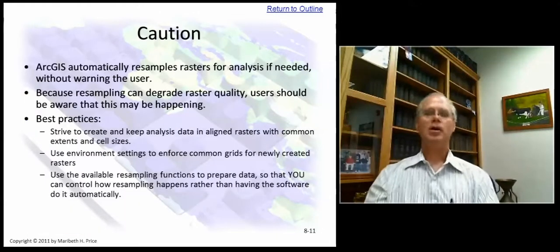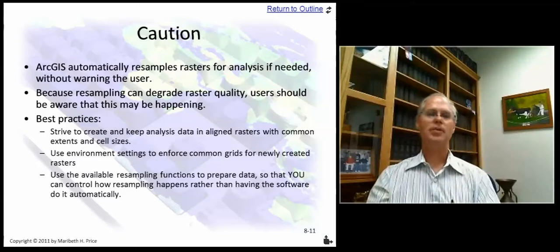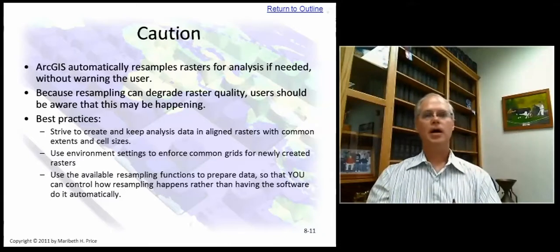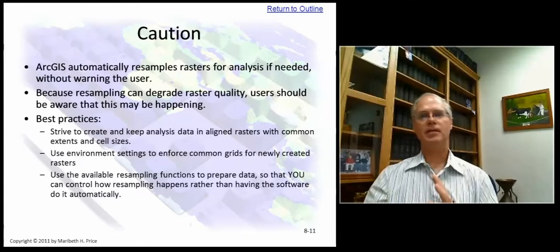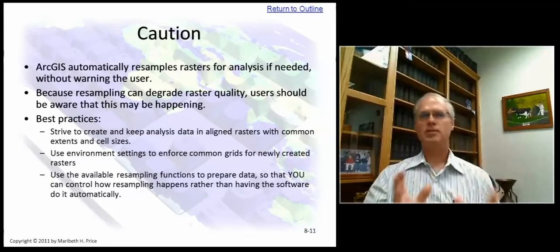Caution: ArcGIS automatically resamples. When you bring two rasters together, it's going to do the resampling to make sure they match up. It's not going to warn you, because sometimes this resampling can degrade the information in that raster. You need to be aware that's happening. Best practice: before you bring rasters together, strive to create and keep the analysis data aligned.